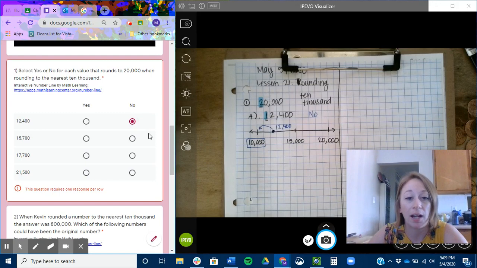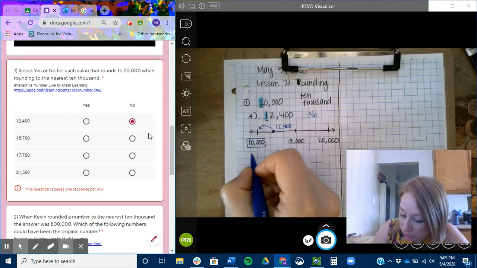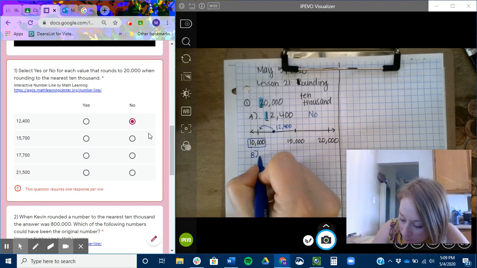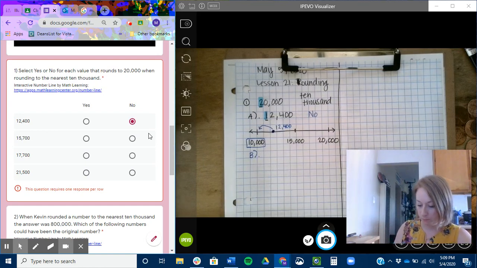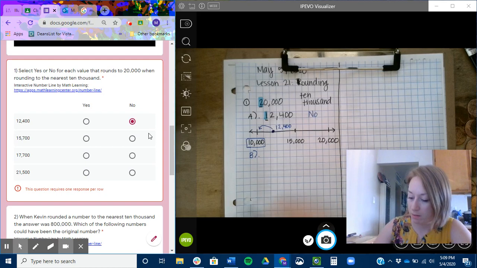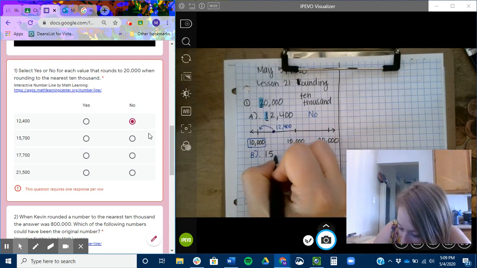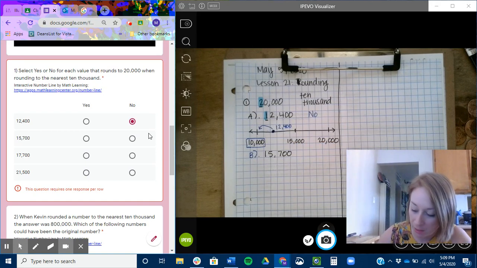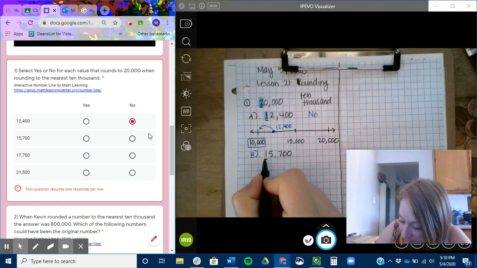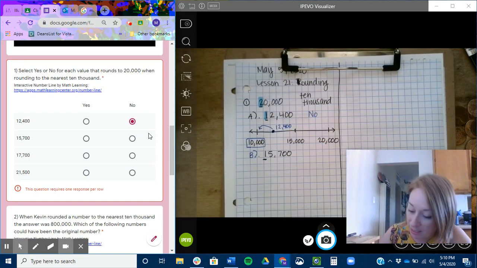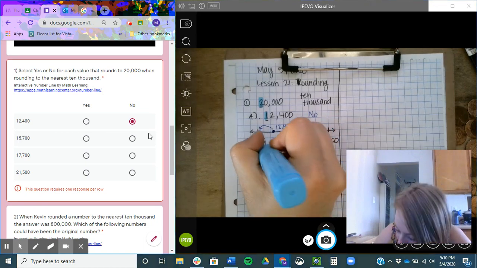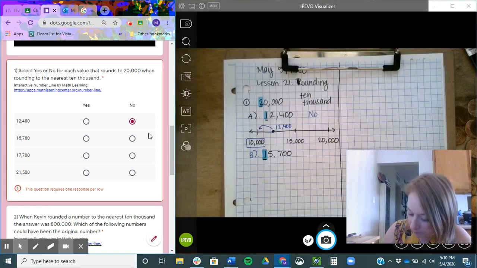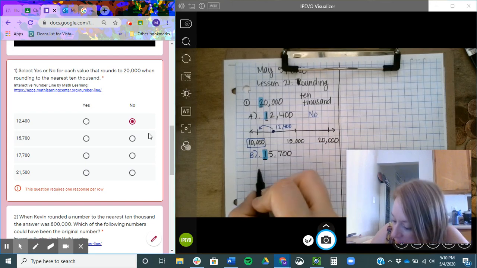All right, now let's do choice letter B. Choice letter B is 15,700. The digit that's representing the 10,000s place is the 1. Let's set up our number line.